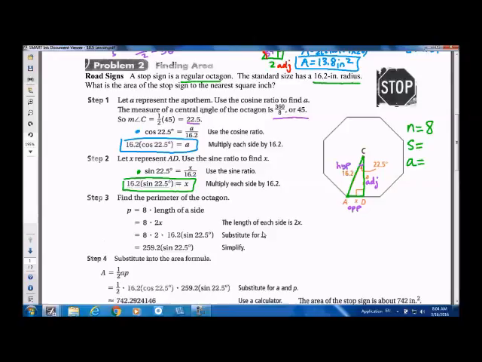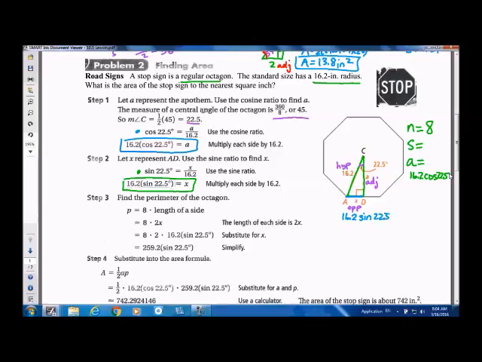Now, side length, so we have A over here. We can fill in A is 16.2 cosine 22.5. Now we need a side length. We found that the bottom of our triangle here is 16.2 sine 22.5.